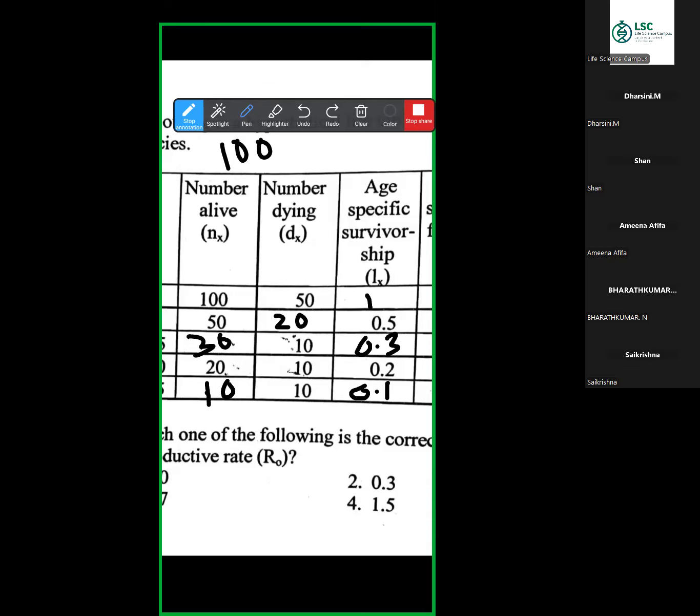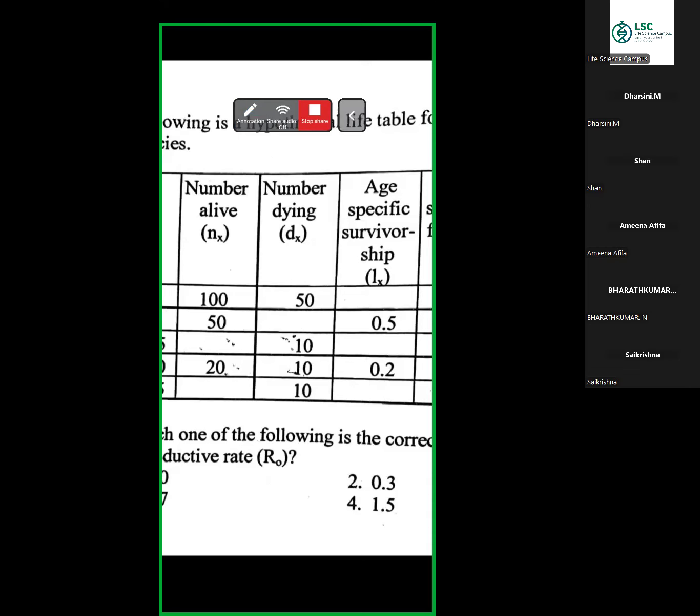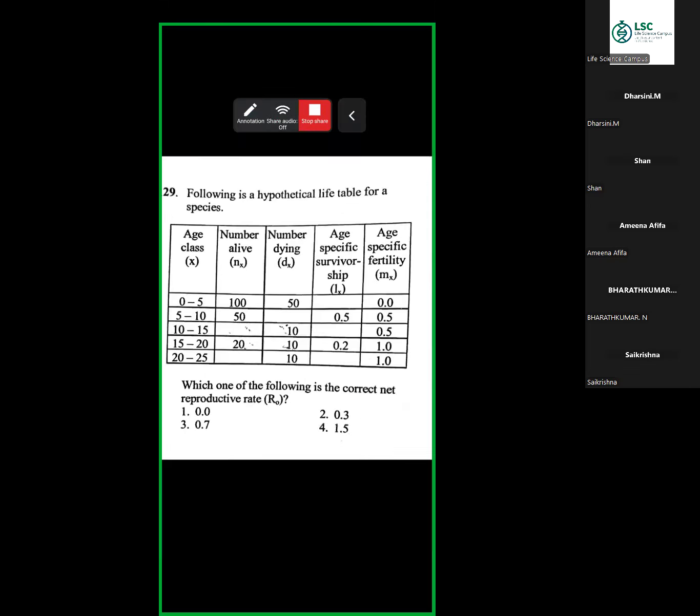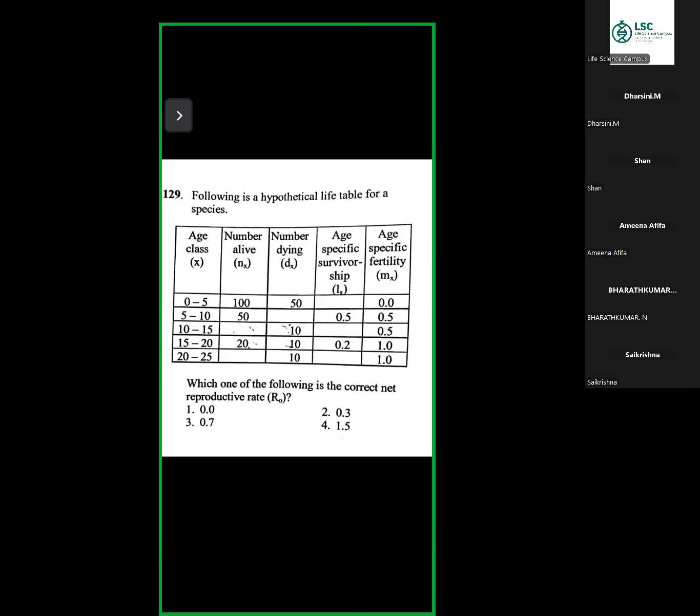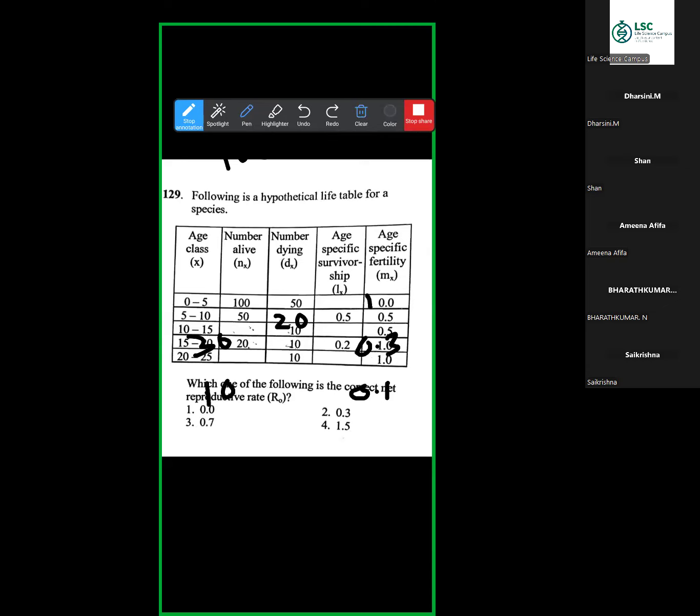Now we have to find the lx mx values. The mx value is already given in the question. We just have to find lx mx. So here we have 1, 0.5, 0.3, 0.2, 0.1. For the first age class, lx mx is 1 into 0, that is 0.